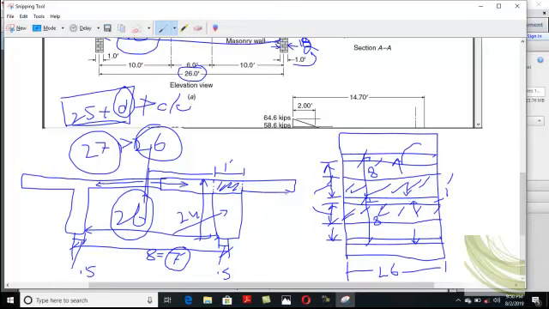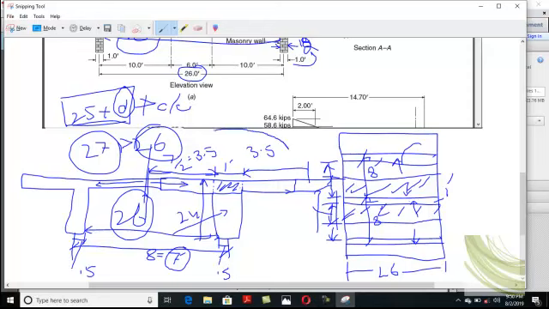There is also another beam. Clear? There is also another beam. So there, this half slab dimension will be 7 divided by 2, which is 3.5. And similarly from that side, this is 3.5.